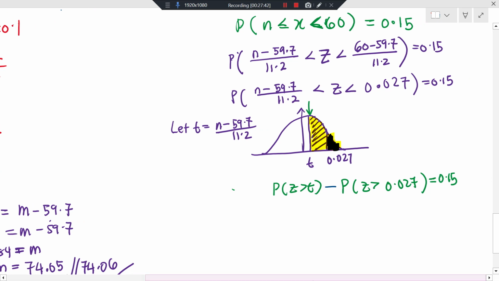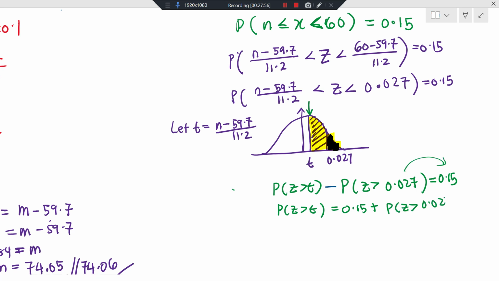And then find your z greater than 0.027. This one is probability, guys. Remember, z greater than t is actually equal to 0.15 plus probability z, I bring that side, 0.027.